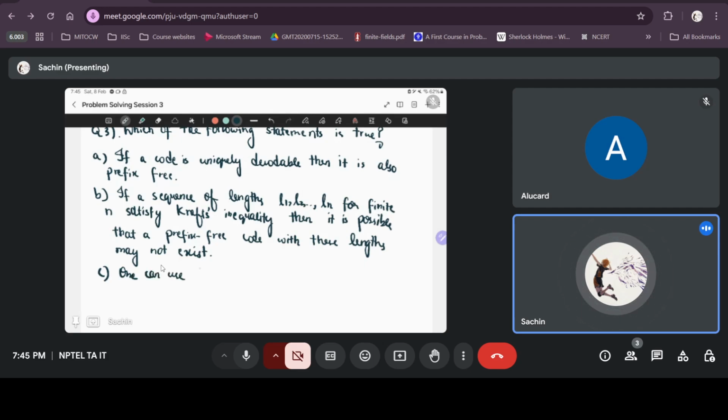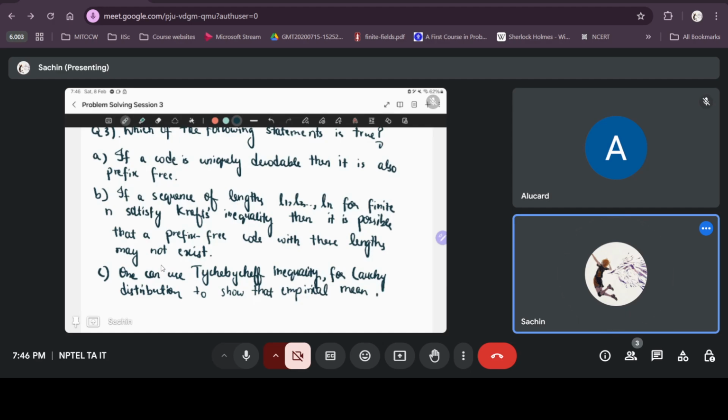One can use Chebyshev inequality for Cauchy distribution to show that empirical mean is close to true mean.